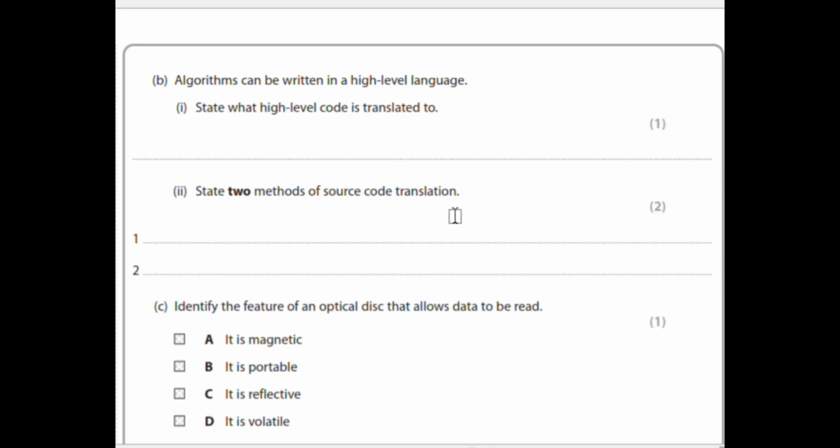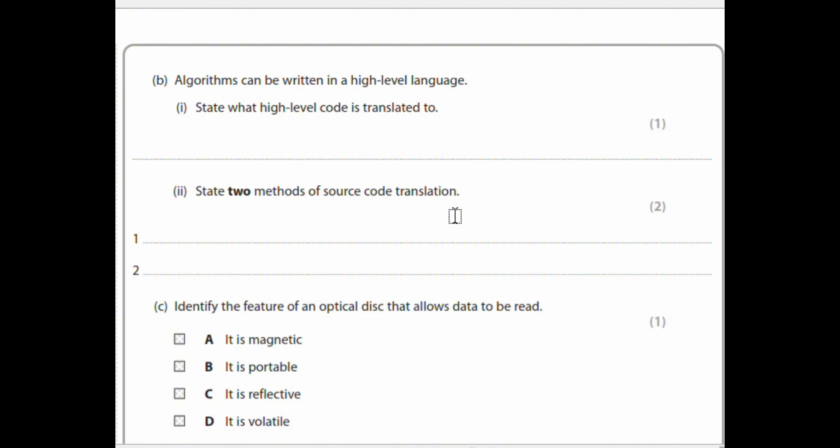When you talk about compilation, a compiler will convert the whole source code at once. But an interpreter converts it line by line. It reads it line by line and then runs it.